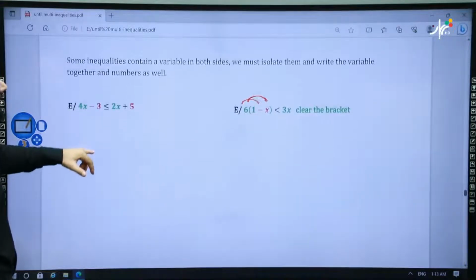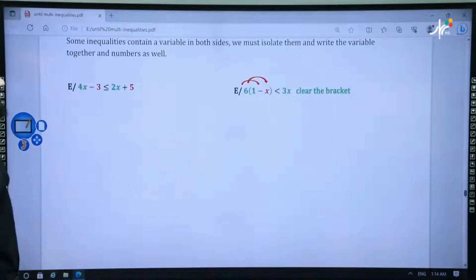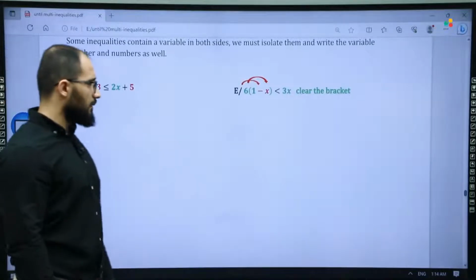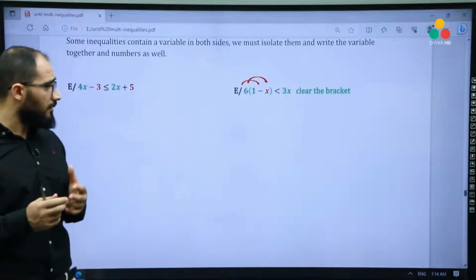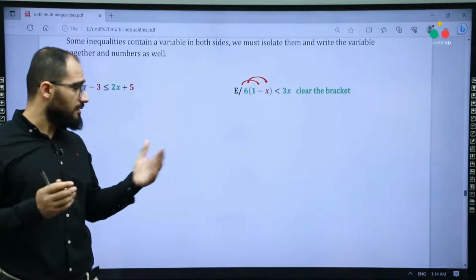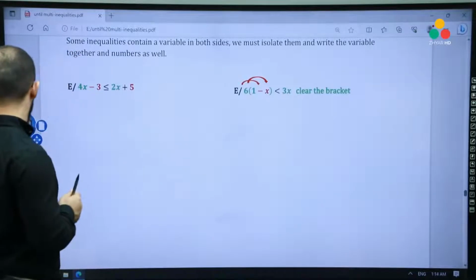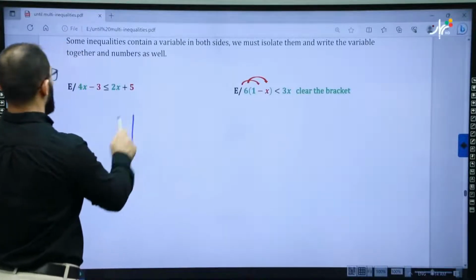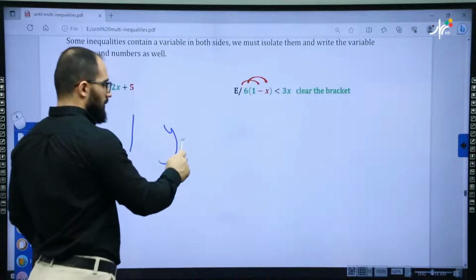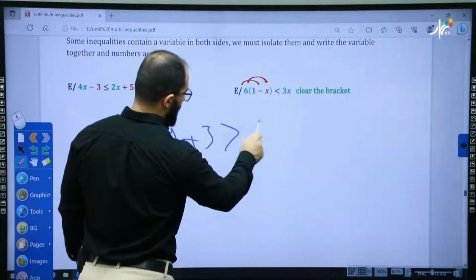So the next type of inequality: sometimes we have variables on both sides. It's not like the previous ones. We have, for example, y plus 3 greater than 7.